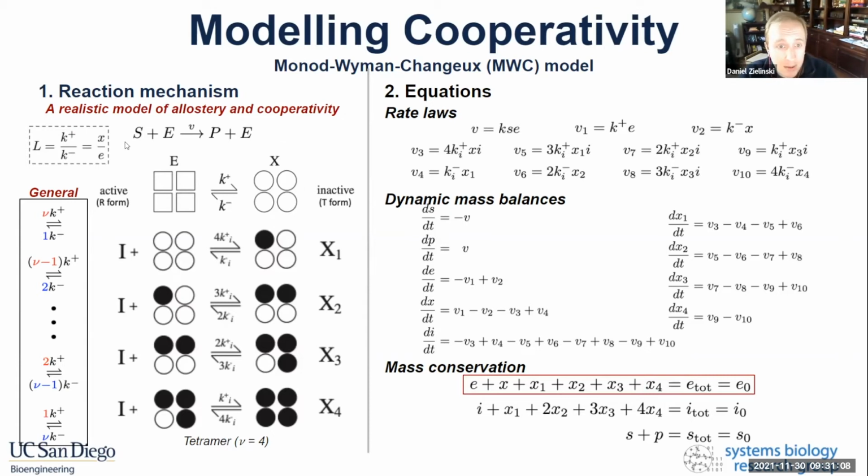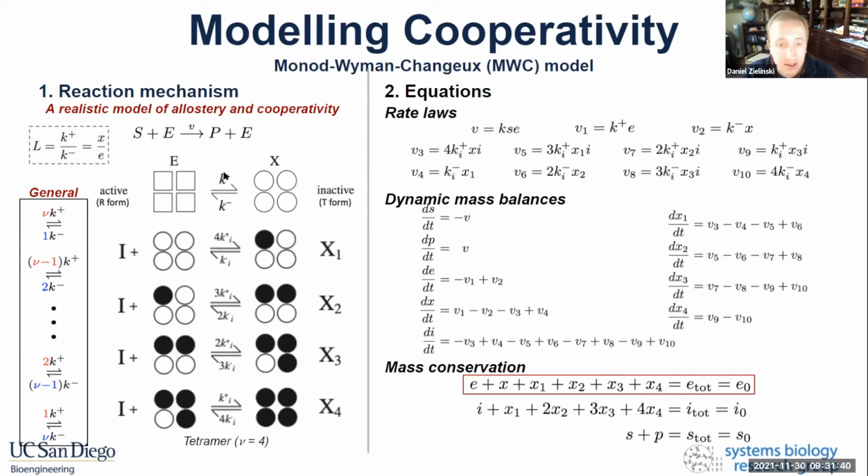And this model is based on a mechanism that requires the enzyme to be multimeric. So a multimeric enzyme has multiple subunits. Each subunit can catalyze the reaction, and each subunit also has an inhibition site. And the key behind this mechanism is that each subunit can also be in two forms, an active form, which we call the relaxed form, or an inactive form, which we call the tense form.